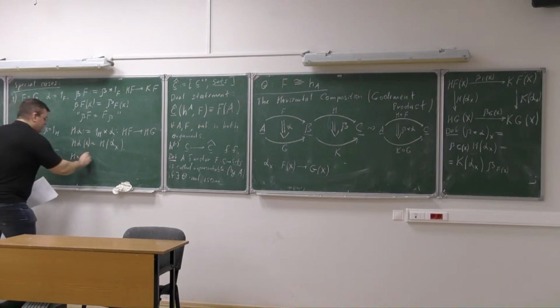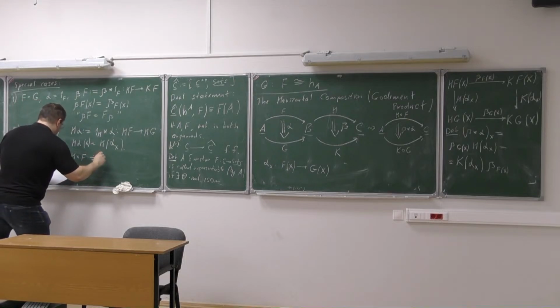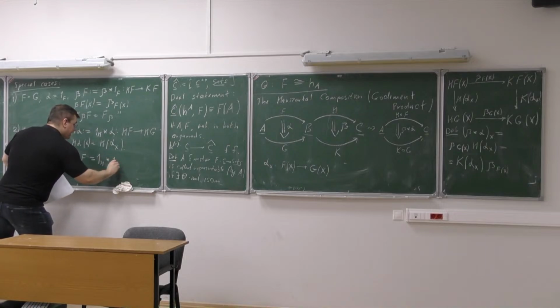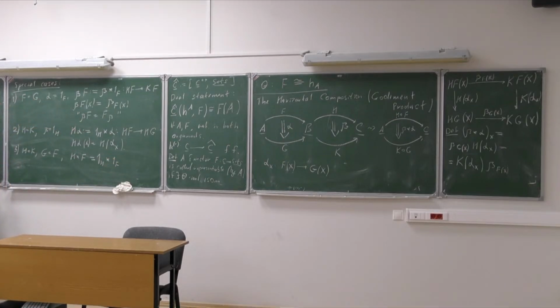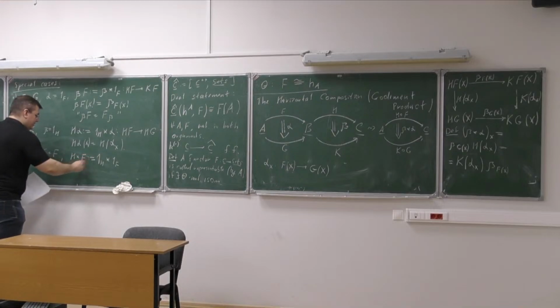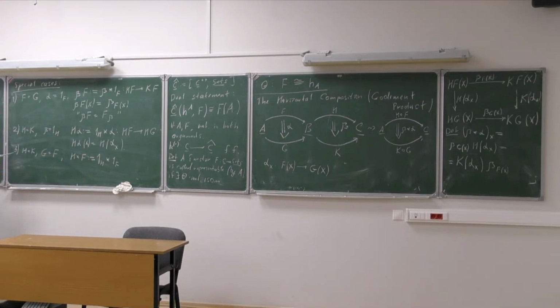And by definition, what it means is just taking the horizontal product of the identity natural transformations, first for h and then for f. Just a definition.